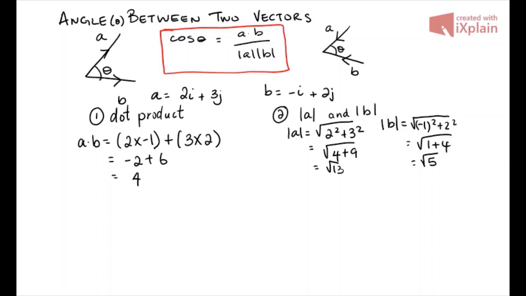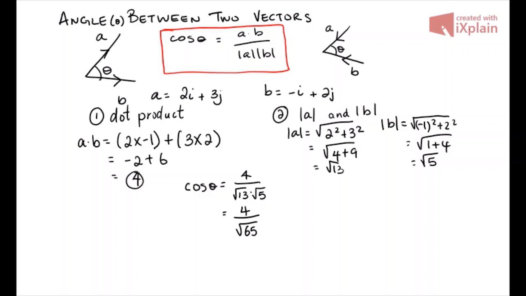So if we take these two things we found, the dot product and the magnitudes of a and b, and we place it in our formula, then cosine theta will be a dot b, which we found to be 4, over the square root of 13 times the square root of 5. So that is 4 over the square root of 13 times 5, which is 65.